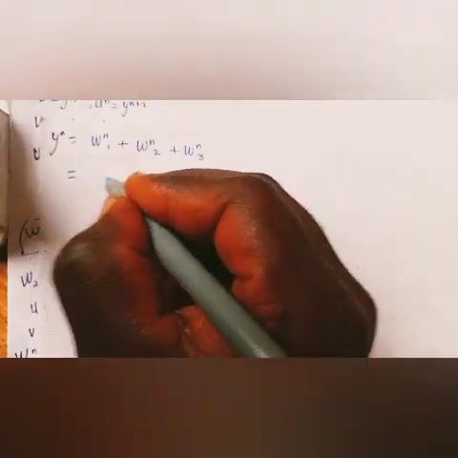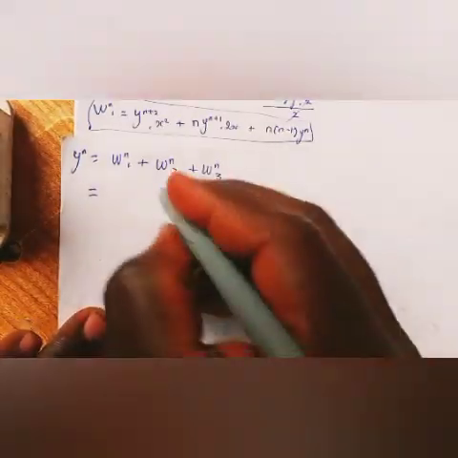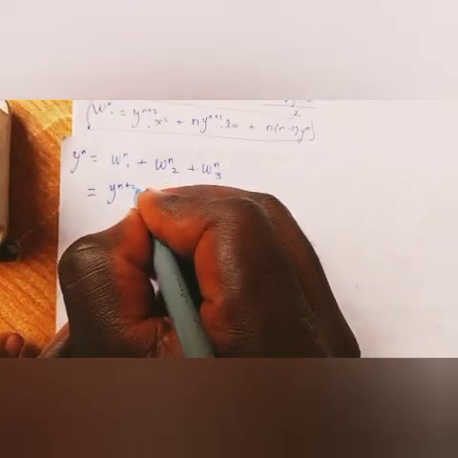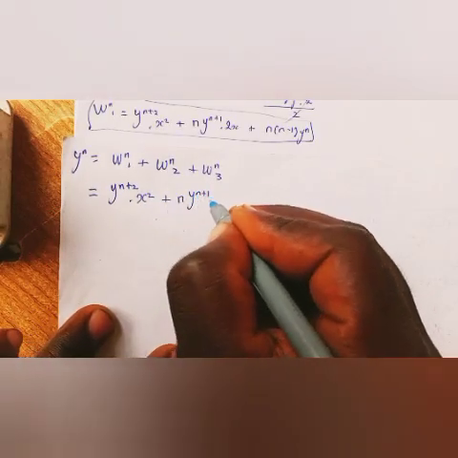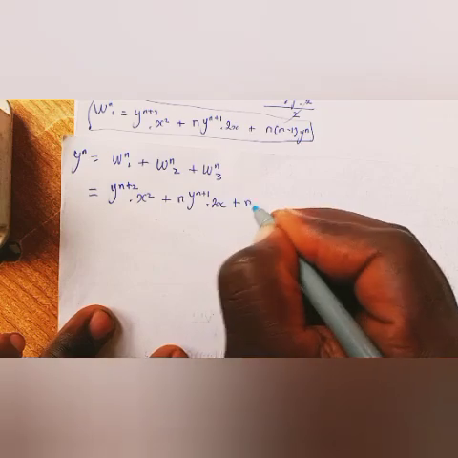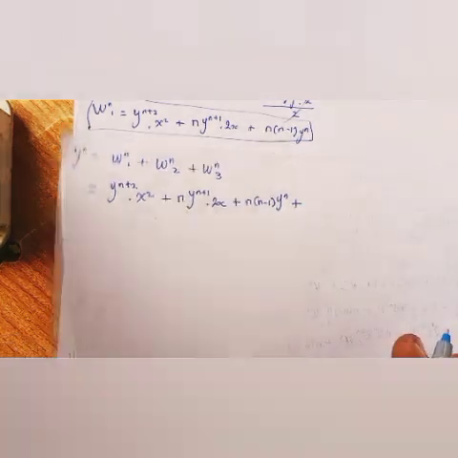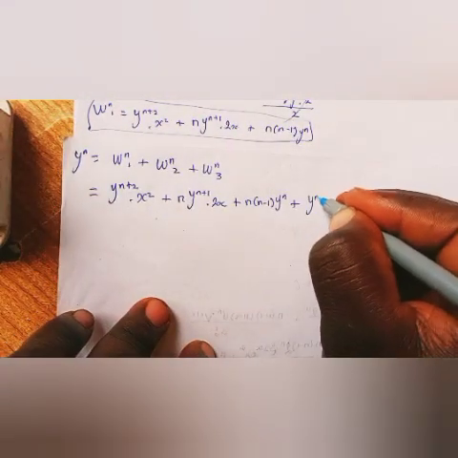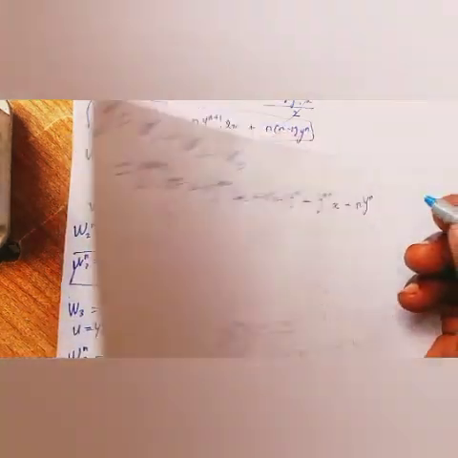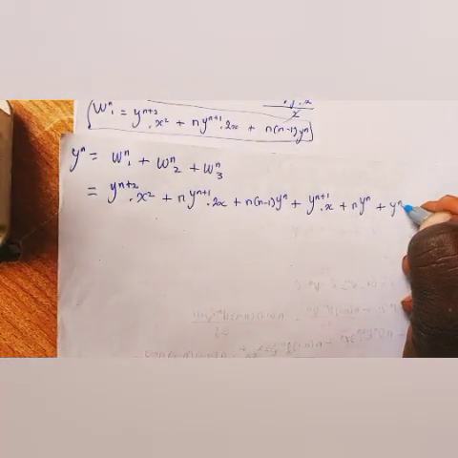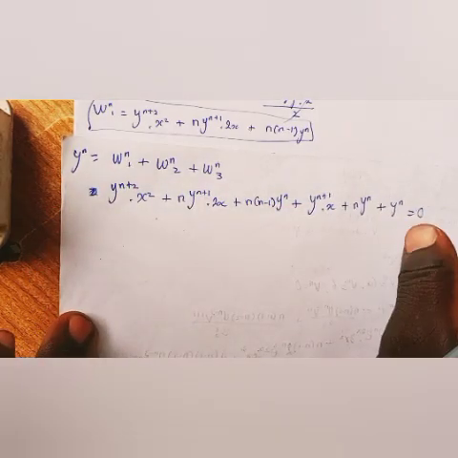For w^(n)1, we have y^(n+2) dot x² plus y^(n+1) dot 2x plus n, plus n(n-1) yⁿ. For w2, we have y^(n+1) dot x plus n yⁿ. For w3, plus yⁿ. So everything equals 0.